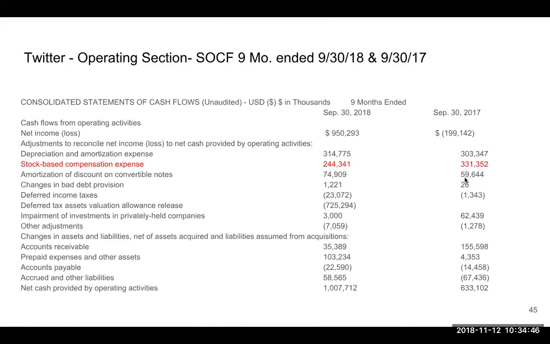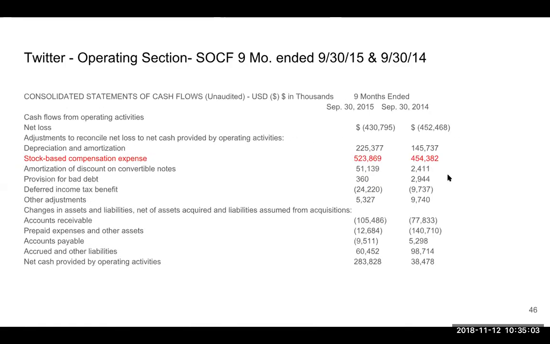And this is why the statement of cash flows is so important for investors, because they need to see what types of charges these accountants are coming up with, and what we need to go through and add back.